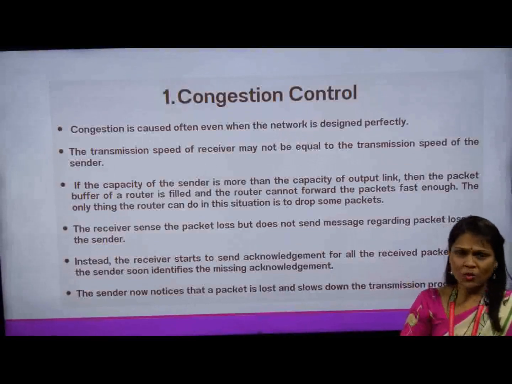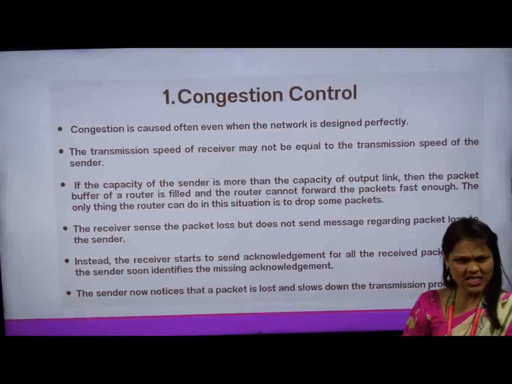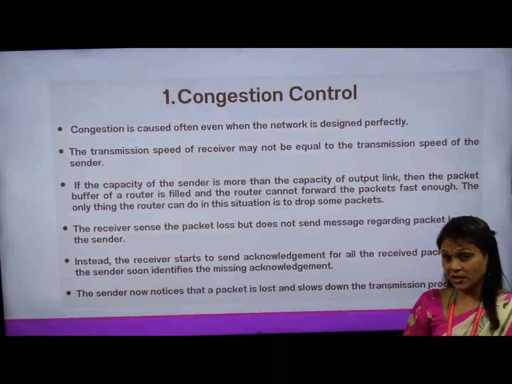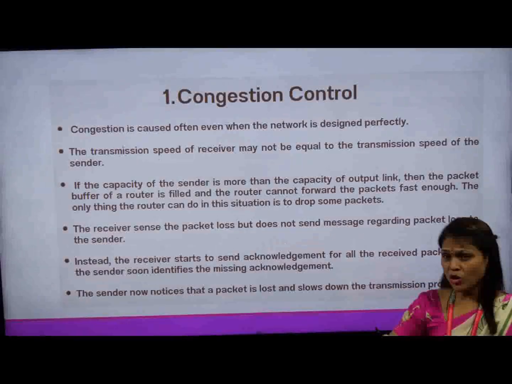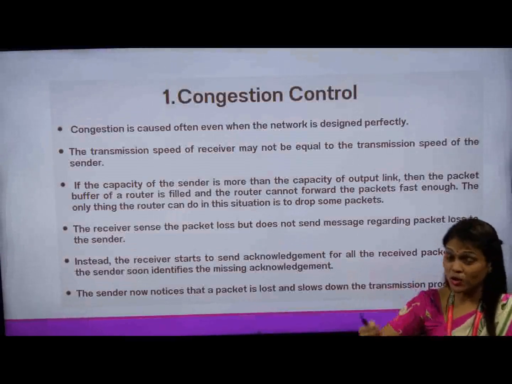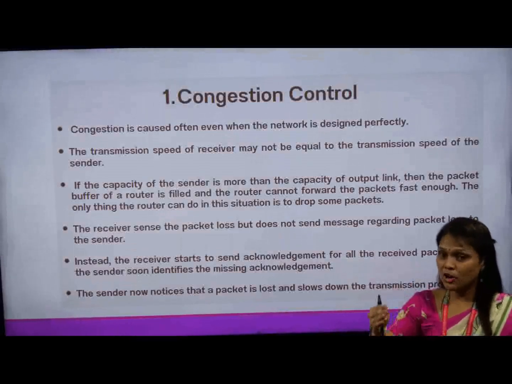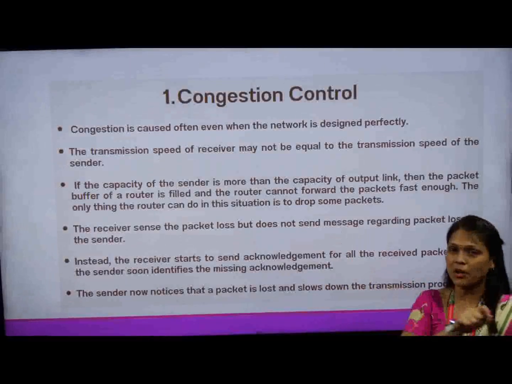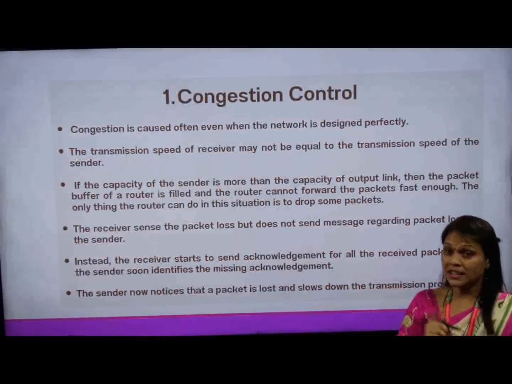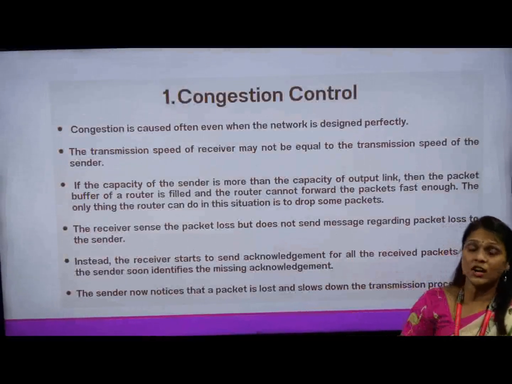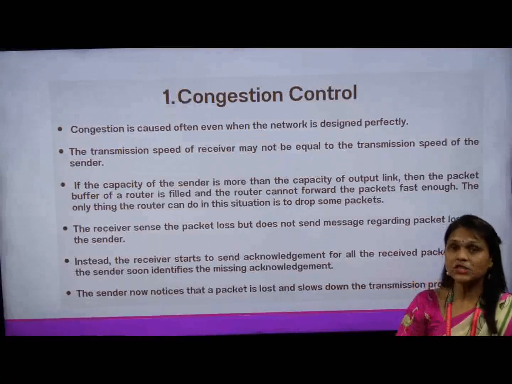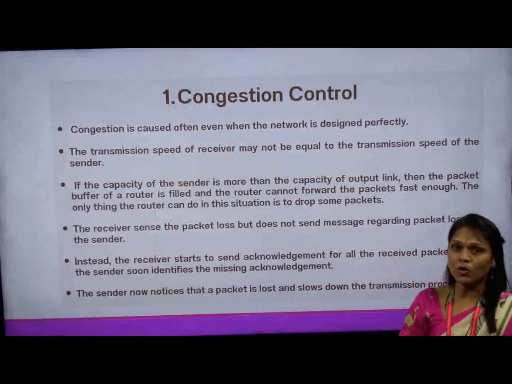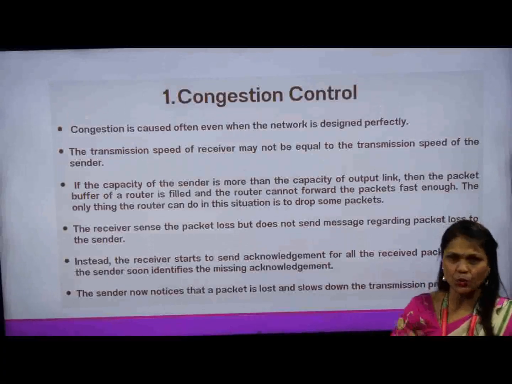Right? Now, pause for a moment and think why all this has occurred. Negative acknowledgement, okay, dropping of packets, okay. Why did packets get dropped? Because of overload on the network that is designed, right? That means congestion control always speaks about the congestion of packets, in other words, overload of data packets on the network link.